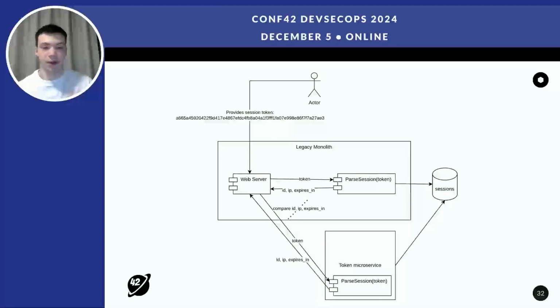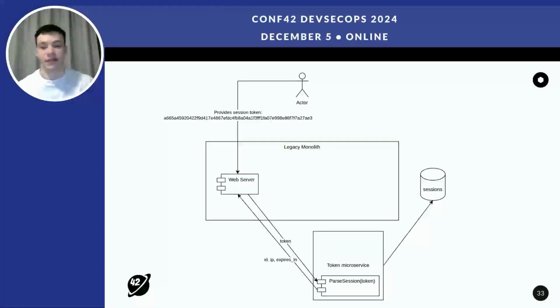Both of them are temporarily using the sessions database, so they're sharing it. If we compare our ID and IP and other data, and if it's equal, then we can gradually decrease the traffic from the monolithic function to the microservice function. And we'll have something like this, where the parse function is transferred to the token microservice.